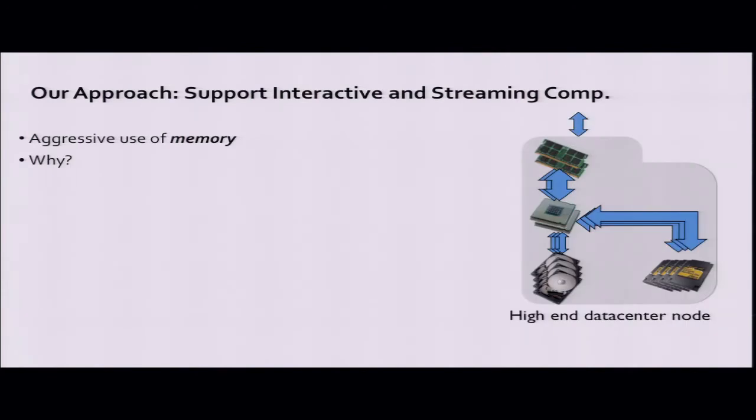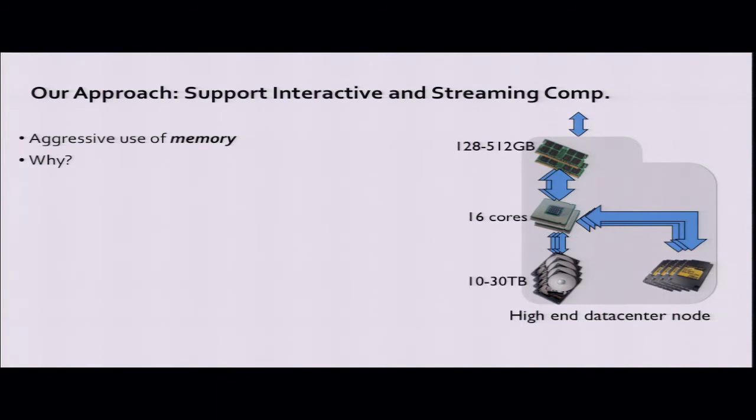So what is our approach to achieve these goals? In order to support interactive and streaming computation, we are aggressively using memory. And why? Well, that should be obvious. This is a high-end node in a data center today. It has maybe 16 or 24 cores.